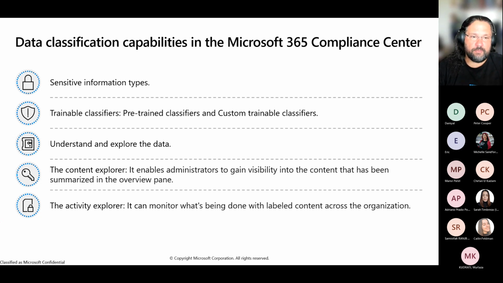But there are also some of the pre-trained classifiers all around medical terms, credit card numbers, passport numbers, addresses, whatever could be considered sensitive. So your personally identifiable information, for instance. Once you've got all of your information types determined, you can actually have a view of what information in your environment matches those types.